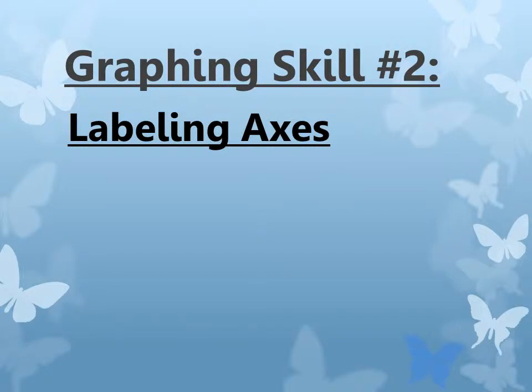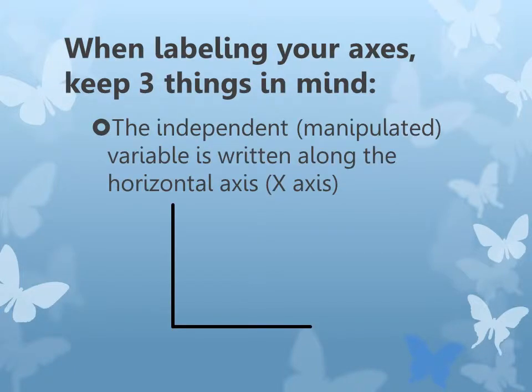Okay, so the second skill that we're going to talk about is labeling axes. So when labeling your axes, keep three things in mind. The first thing is the independent variable is going to be written along the horizontal axis. So remember that the independent variable is the one that you're going to change or manipulate. And also remember that the horizontal axis is the x-axis, or the one that's on the bottom.